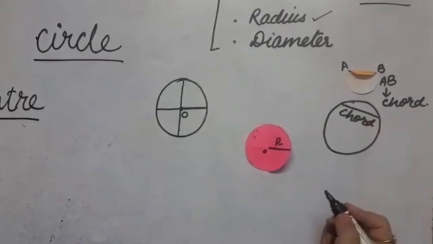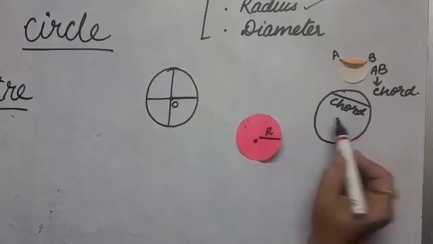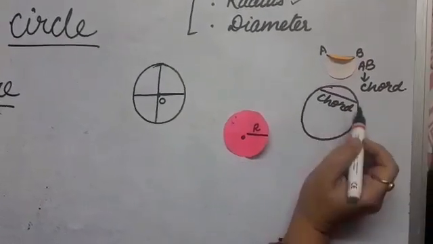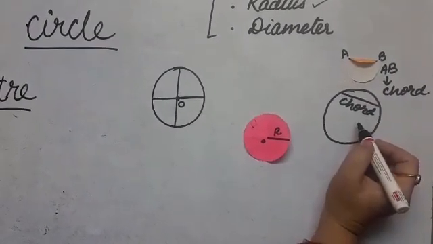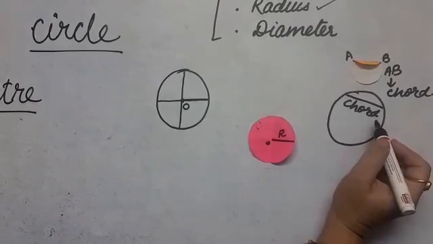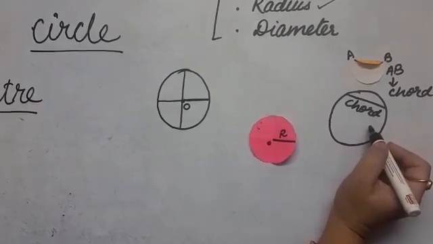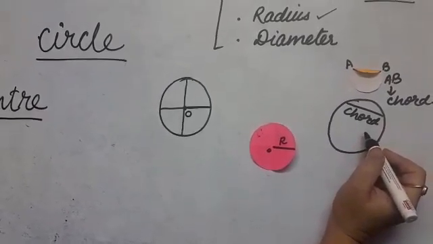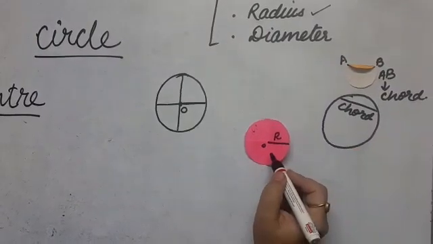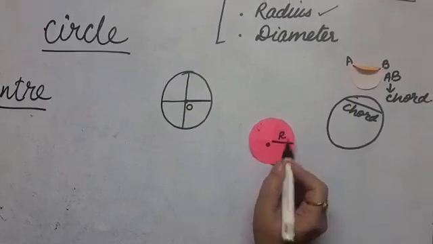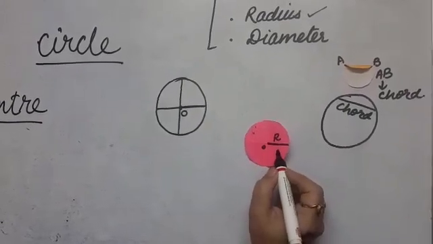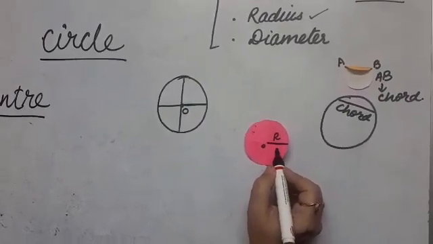Okay. Now I told you in the class also chord. You can draw infinite chords here and all the chords are of different length. It is not necessary that all the chords are of equal length. But when we were talking about the radius, in a circle, all the radius would be of equal length.